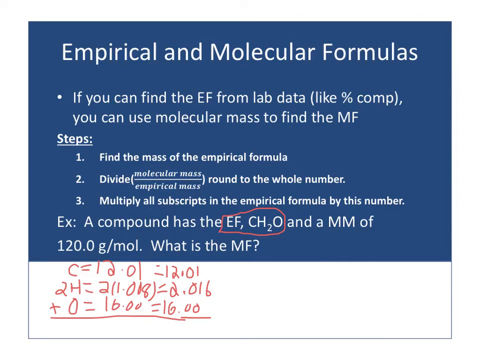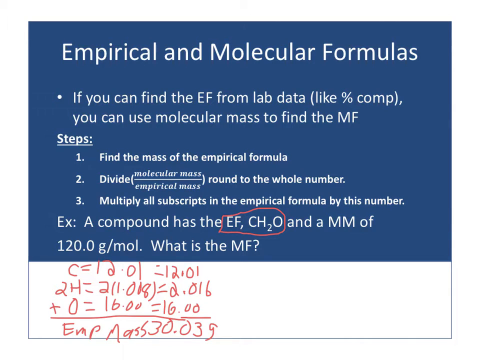And if I take a calculating device and I take 12.01 plus 2.016 plus 16, I get 30.03, either grams or AMU, whichever I want. That is my empirical mass.